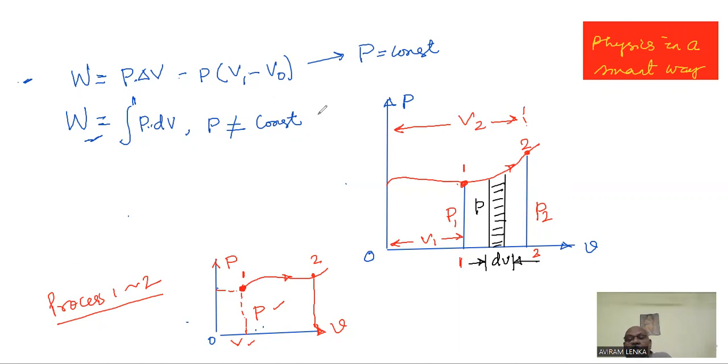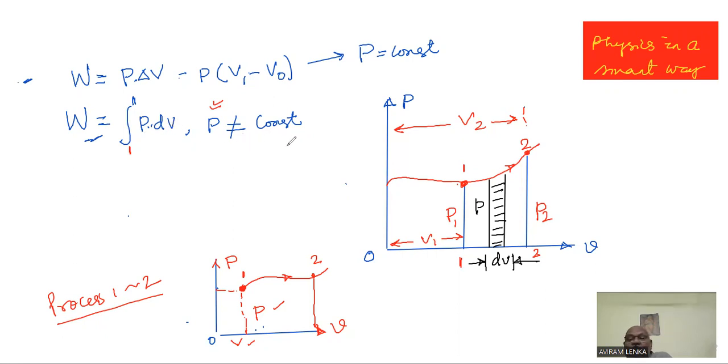If you try to find the work, as the gas goes from process 1 to 2, many different pressures are achieved by the gas. So our work done must be given by the second formula, that is the integration from 1 to 2 of PdV.